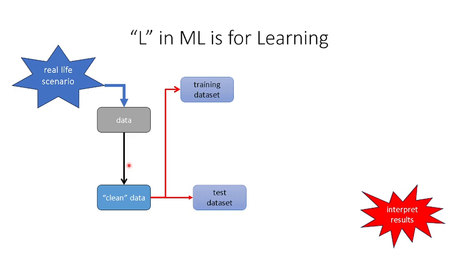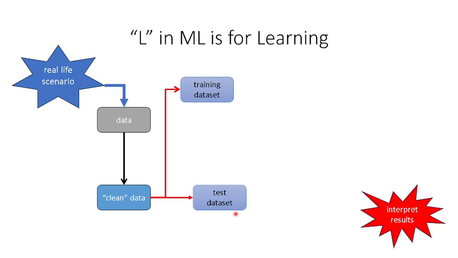Maybe some data points themselves might be missing. So the data has to be cleaned, and we divide this data into a training set and a test set. The training set will be used by the machine for learning, whereas the test set will be used to see how good the learning has happened.